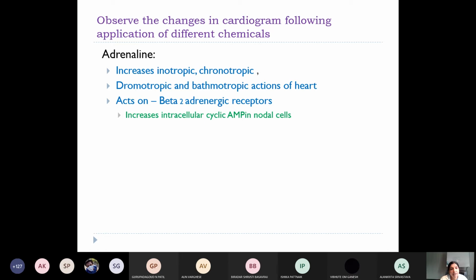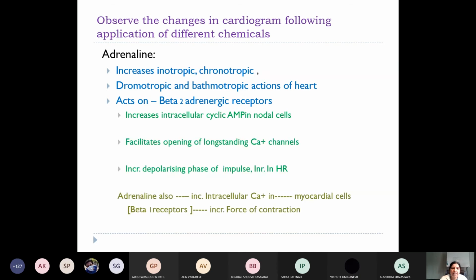Adrenaline predominantly acts on beta 2 adrenergic receptors present in the cardiac muscle, and this in turn increases the intracellular cyclic AMP at the nodal tissues.